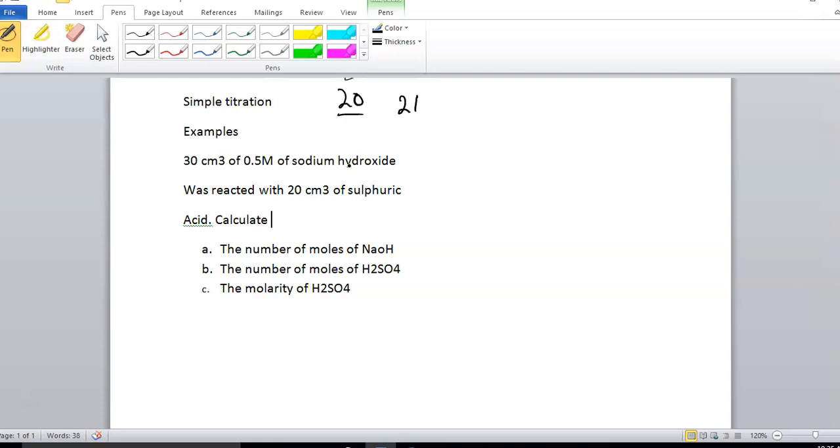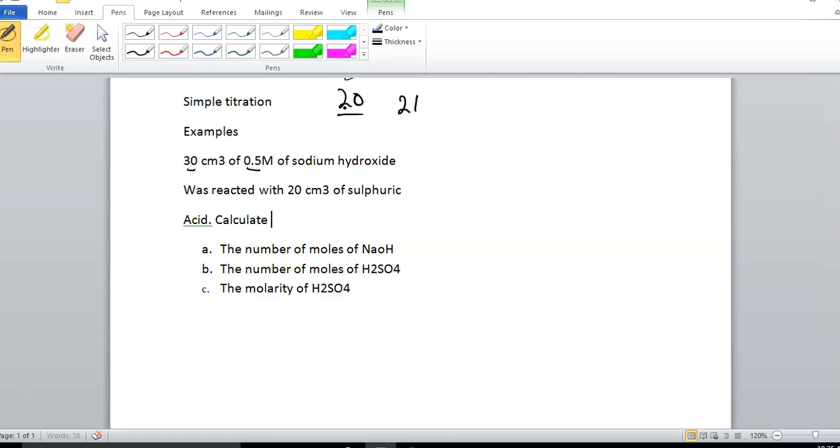In lesson 20 we learned how to calculate the volume of one solution when given the molarity and volume of the other solution.